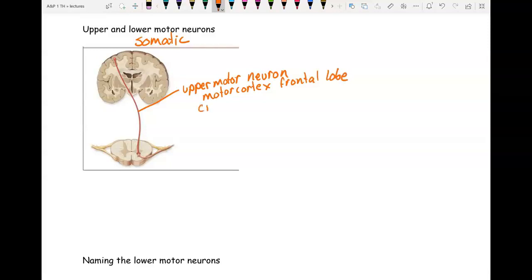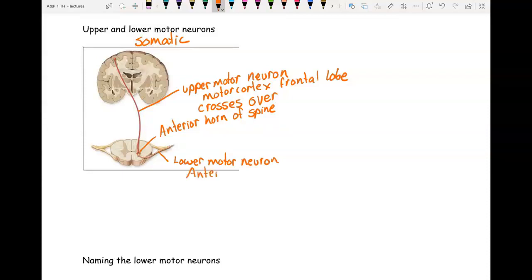It crosses over. So remember, the right and left sides of the body are connected to the opposite side of the brain. Then it goes here to the anterior horn of the spine. There it synapses with the lower motor neuron. And then the axon goes out through the anterior root to your skeletal muscle.